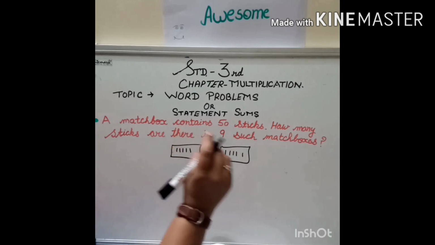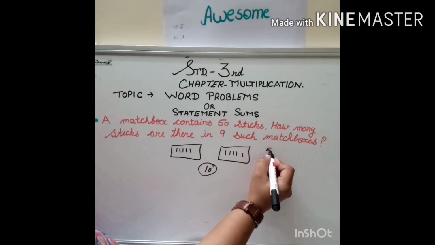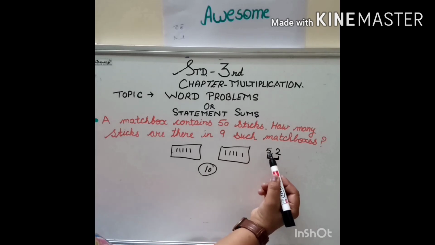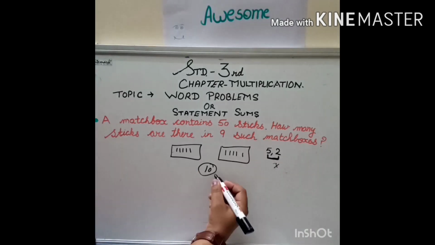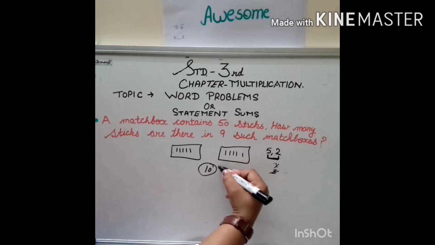Now children, we will think what values we used. One is 5 sticks, the other is 2 boxes. Now what will we do with these two numbers? We will play with them. First of all, we will add 5 plus 2, 7. Is our answer 7? No. 5 minus 2, 3. Is our answer 3?